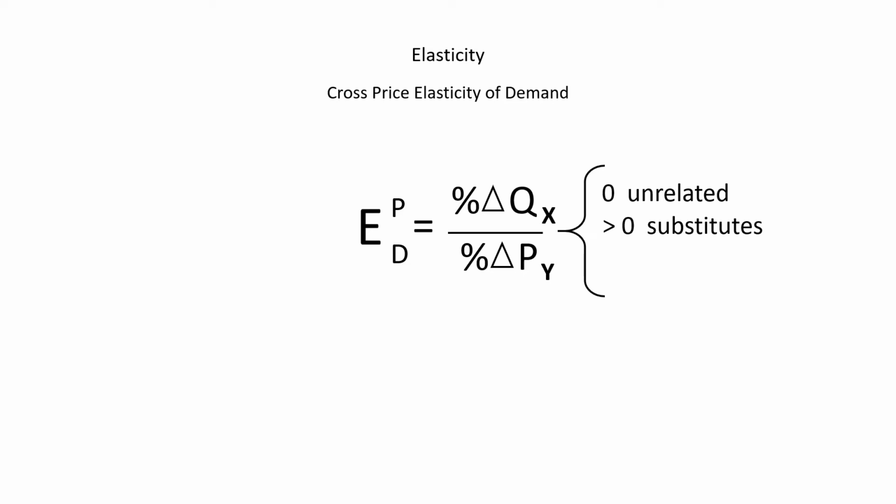If the price of Y went down, people would leave the X market to buy more Y. The relationship would still be direct. The price of Y goes down, the quantity of X demanded goes down. This direct relationship would cause the coefficient to be greater than zero. The greater the value of the coefficient, the closer would be the substitutability of the two products.